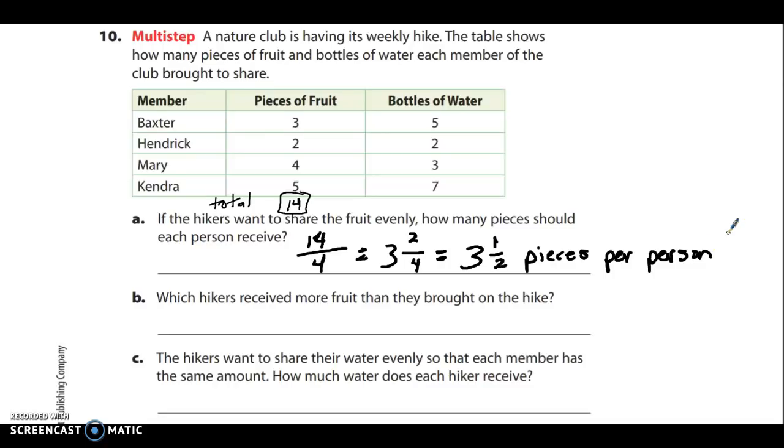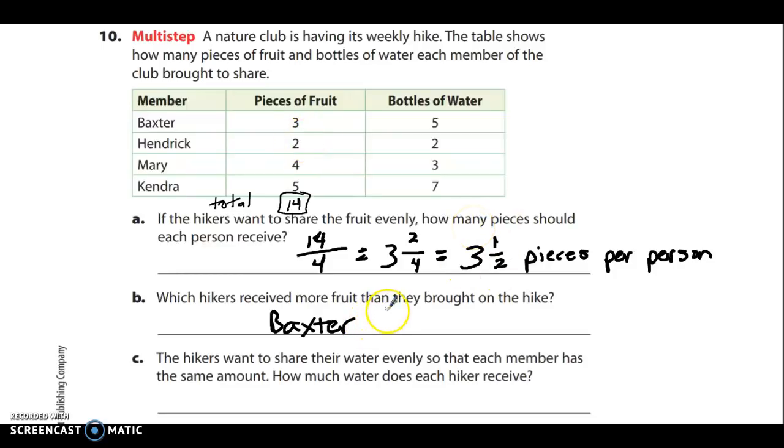Perfect. Let's move on. Question B reads, which hikers received more fruit than they brought on the hike? Well, if they each received 3.5, Baxter brought 3, he received 3.5, that's more. So Baxter's one of the answers. And then Hendrik, he brought 2, but he receives 3.5. 3.5 is more than 2.